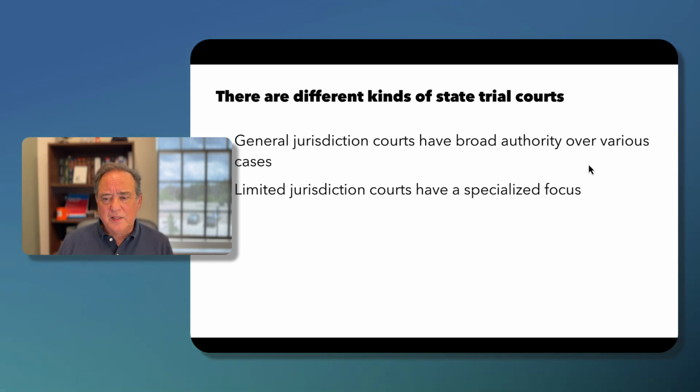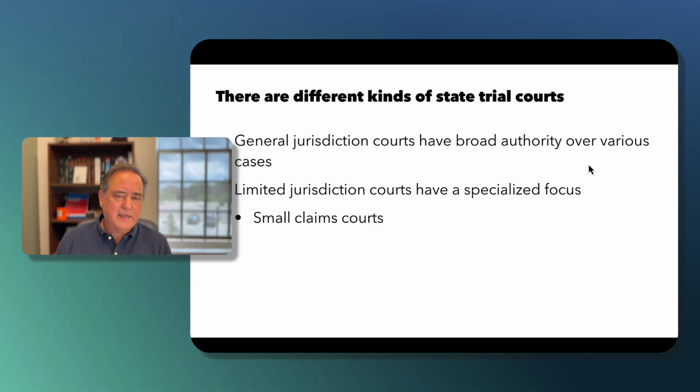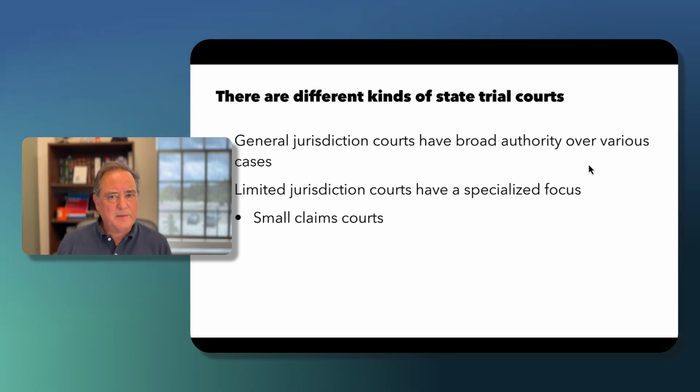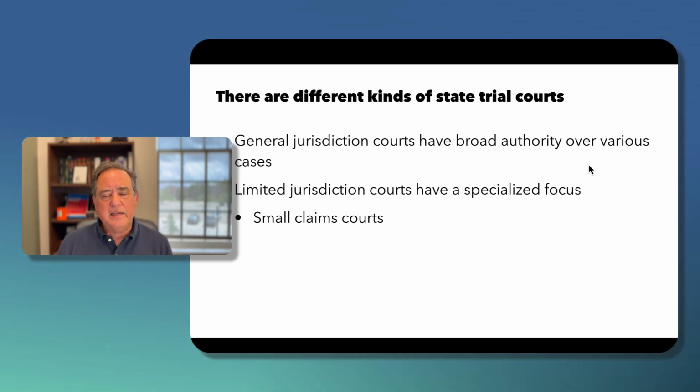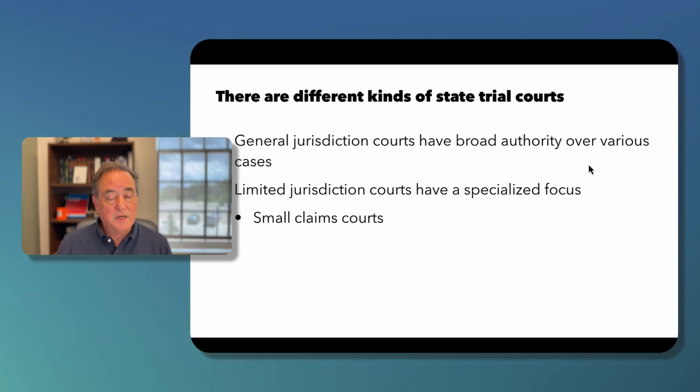There are also limited jurisdiction courts, which will have a more specialized focus. For instance, small claims courts. Now, again, I'm a Texas lawyer, so in Texas, small claims courts are referred to as justice of the peace courts, and justice of the peace courts can hear any claim up to $10,000, but cannot hear a claim more than $10,000.